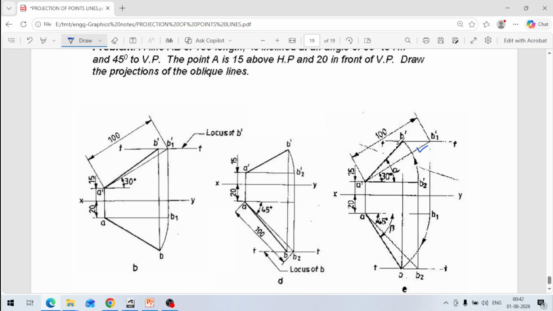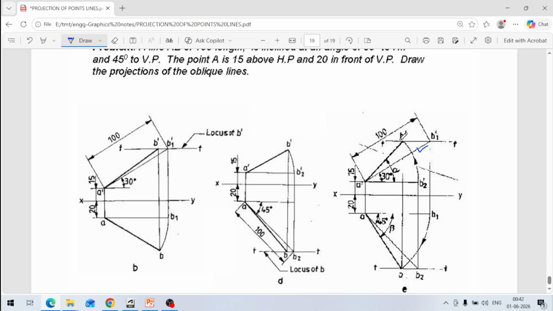Okay, locus of the point. Then, taking this as a radius, A, B, B2 dash, if I draw an arc like this, the arc will cut this line here at this point.